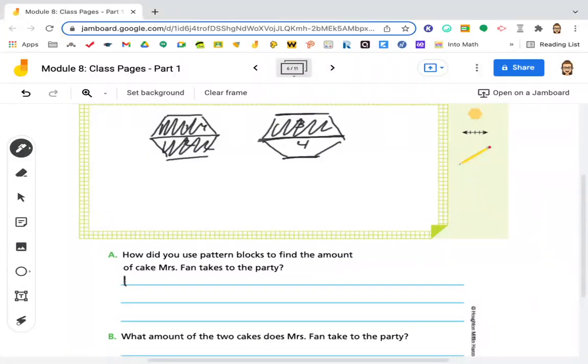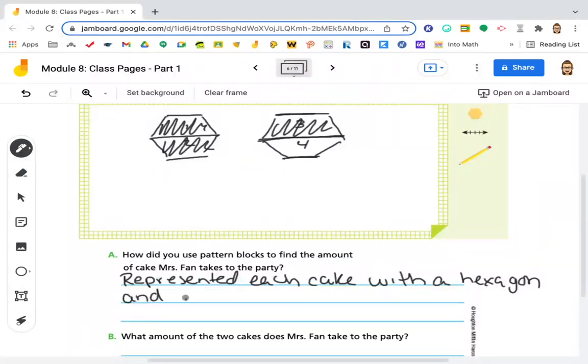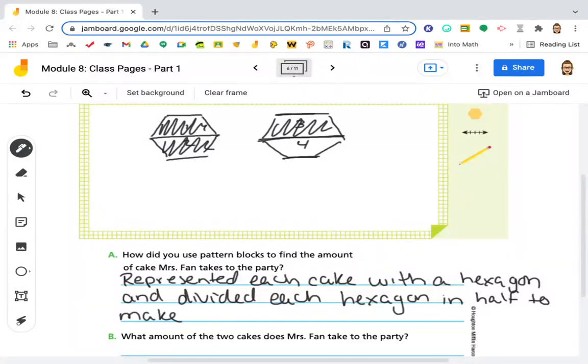So we represent each cake with a hexagon, and divide each hexagon in half to make 4 parts. And that made trapezoids.